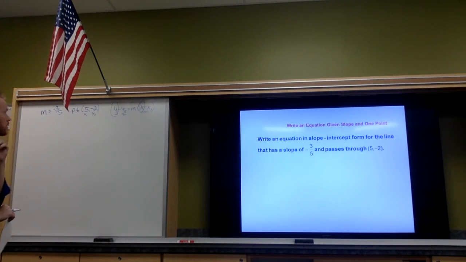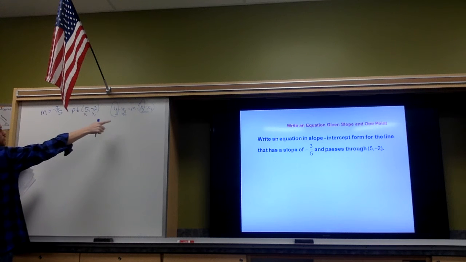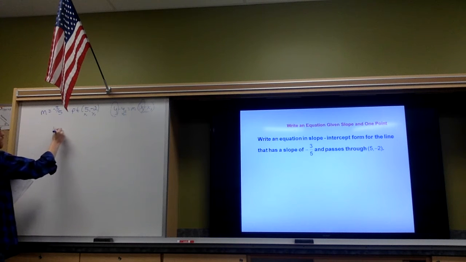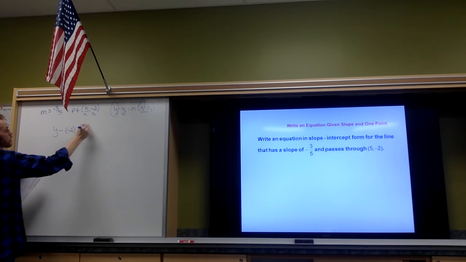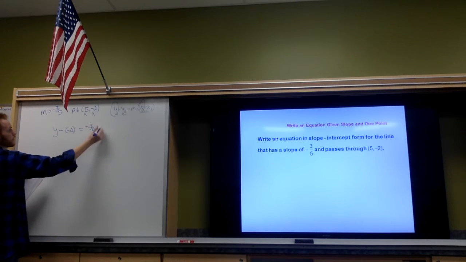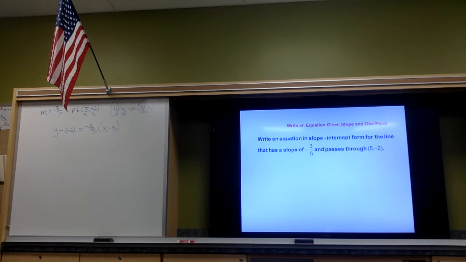So let's go ahead and substitute our values in. It'd be y minus a -2, that's what this is, equals the slope, -3/5, times x minus 5. There's my substitution step. Okay, let's clean it up.